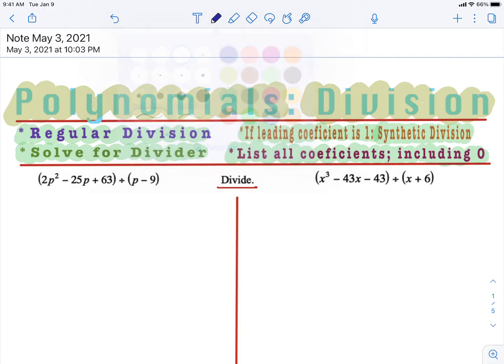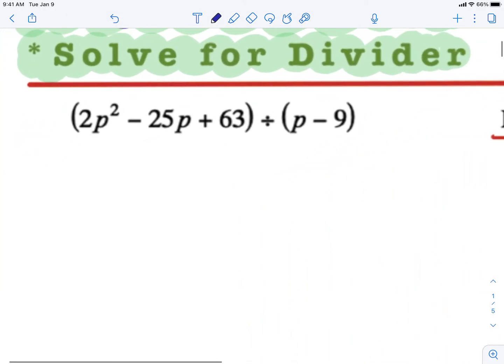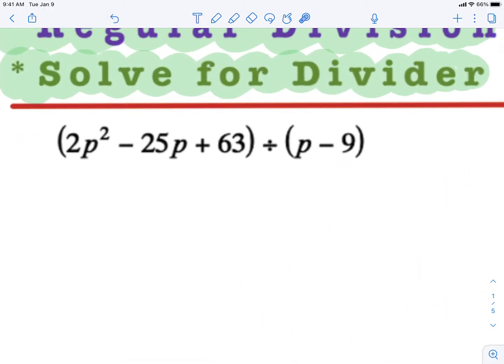This first example says 2p squared minus 25p plus 63 is divided by p minus 9.